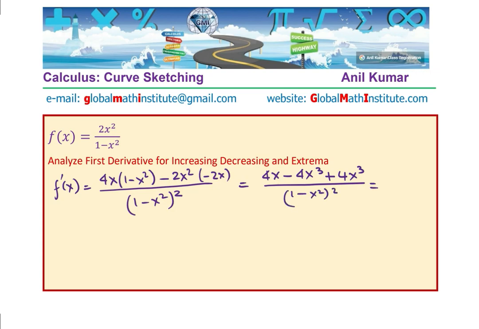And 4x cubed cancels, so we get 4x over (1 minus x squared) whole square, right? So clearly from here, we have a very critical point, and that is that the derivative is equal to 0 at x equal to 0, right? So that is a critical number.